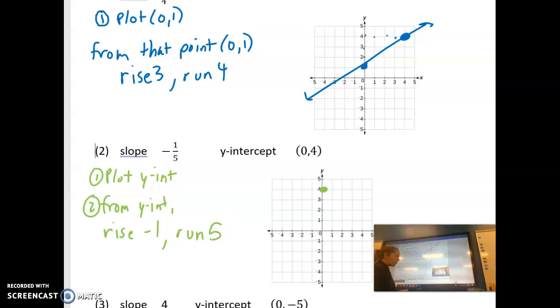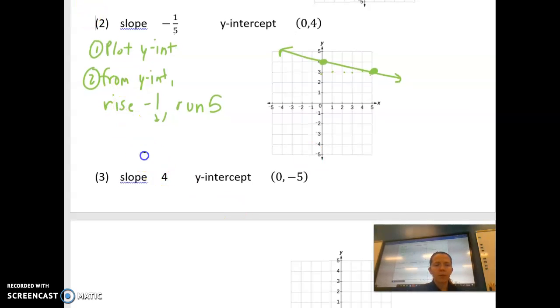So think about what rising of -1 means. This actually means I'm going down. So from here, I'm going to go down 1 and run 1, 2, 3, 4, 5. There's my second point. 2 points create a line. And notice this line is going downwards because it has a negative slope.